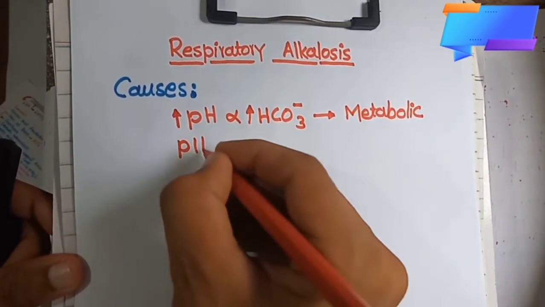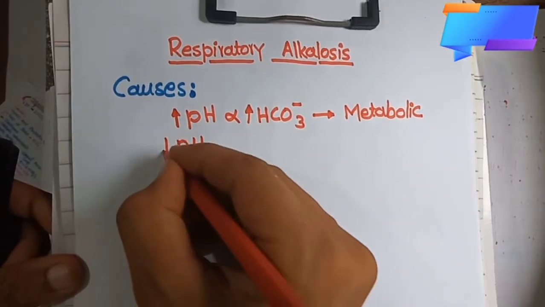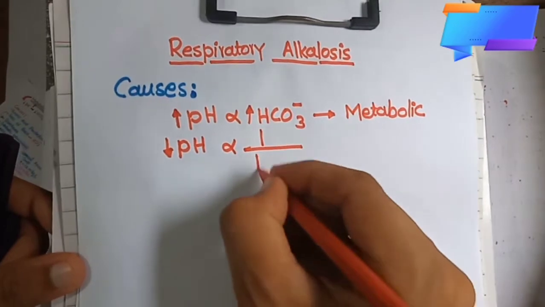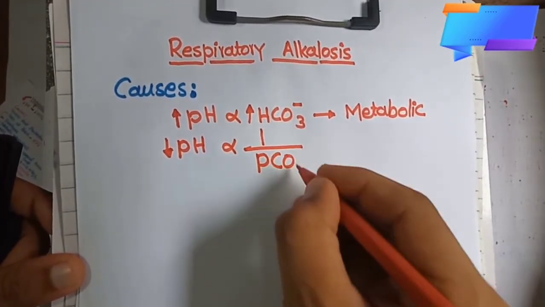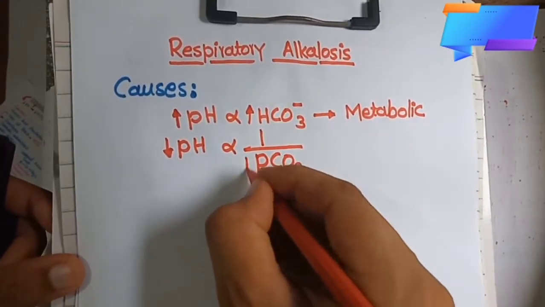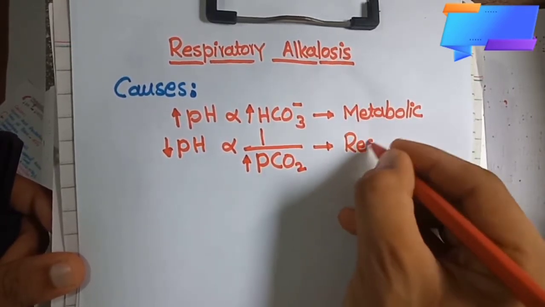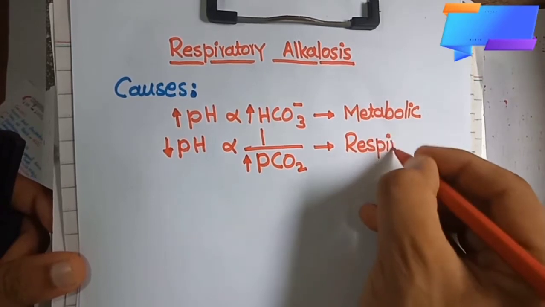If pH and partial pressure of carbon dioxide go in opposite directions, then it is a respiratory acid-base disorder.